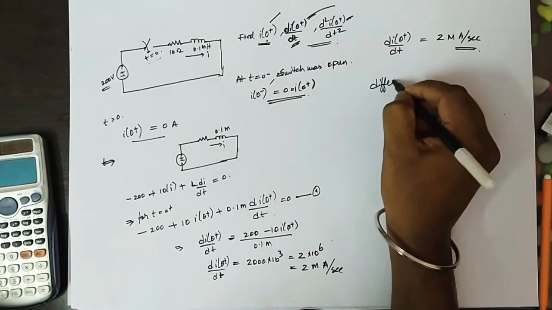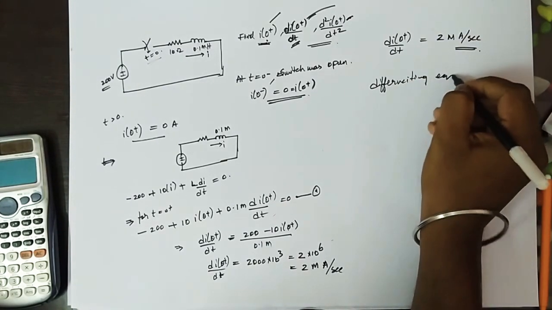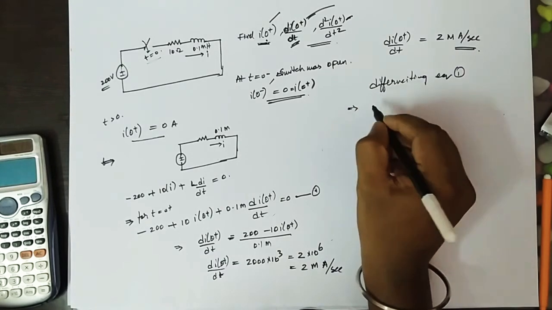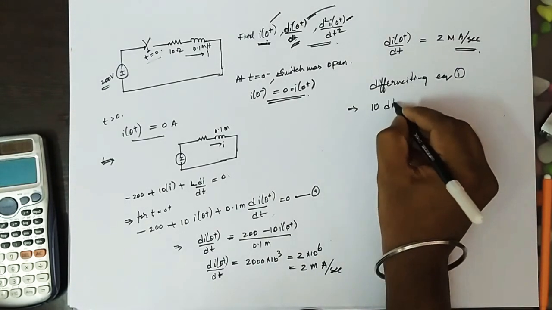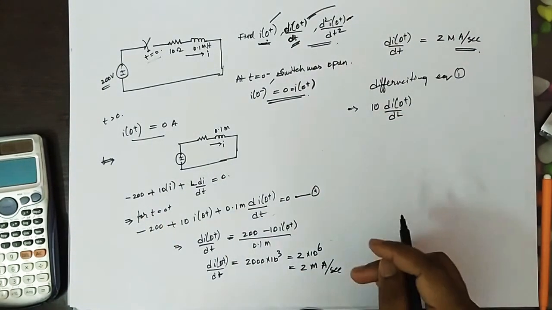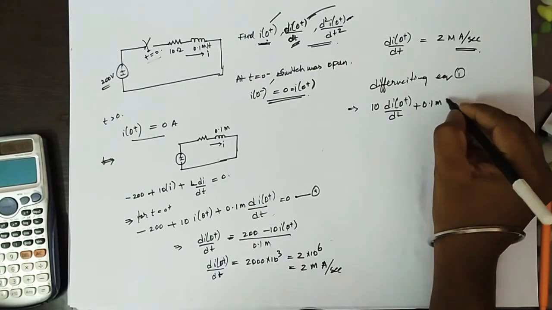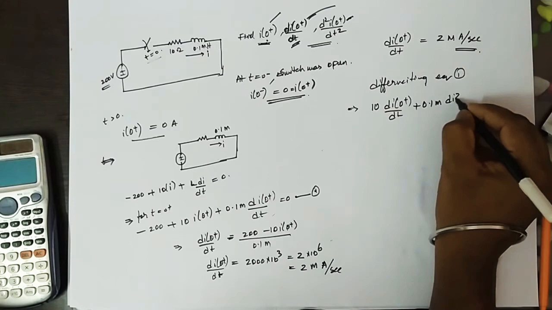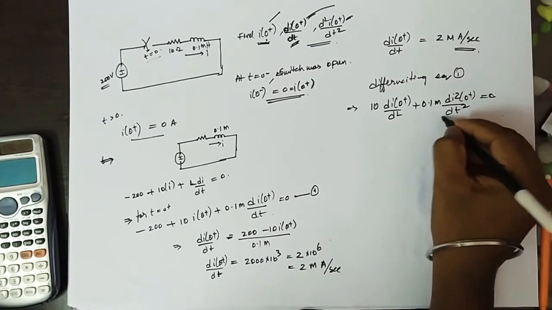Differentiating equation 1, we'll get 10 into di of 0 plus by dt, plus, since the differentiation of the constant is 0, plus 0.1 milli into d square i of 0 plus by dt square, equal to 0. So we need this.